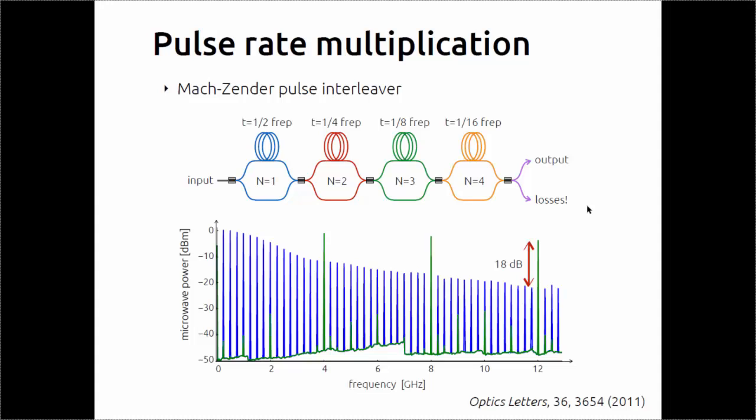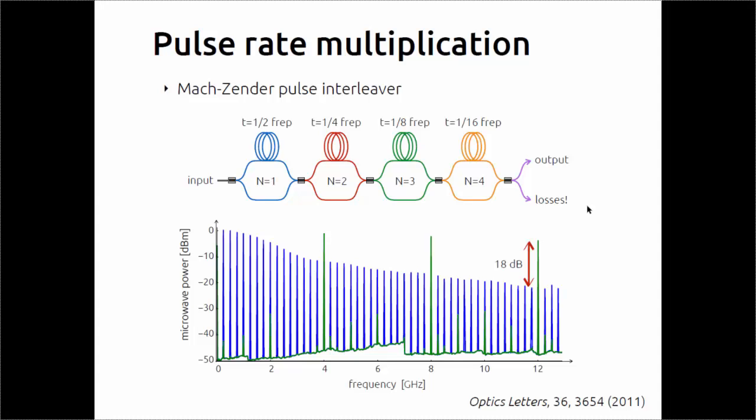What we do is simple. We take the light output of the comb, we split it, we introduce a delay in one of the arms of this interleaver, and we recombine it with one half of the light shifted in time by half the repetition period, half the time between two pulses. Doing this 4 times, we get 16 times repetition rate multiplication of our comb.